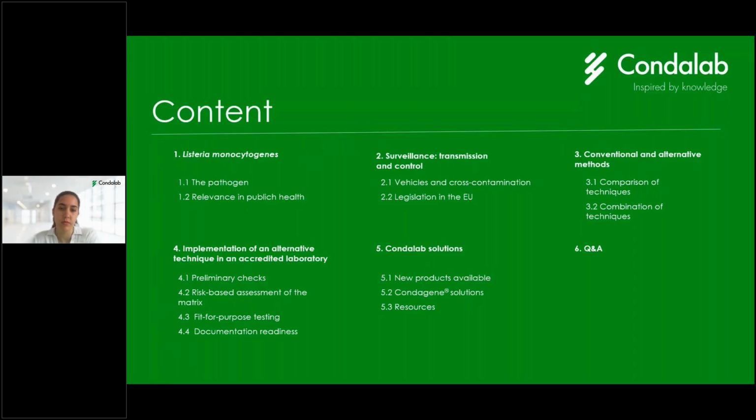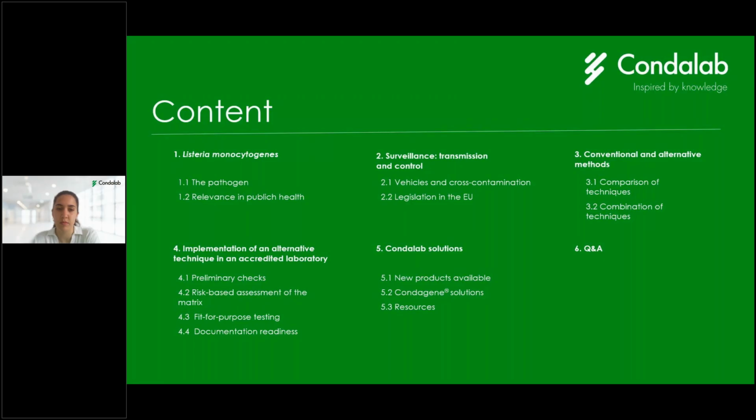We're going to get into the legislation here in the European Union because there has been a modification to the regulation.